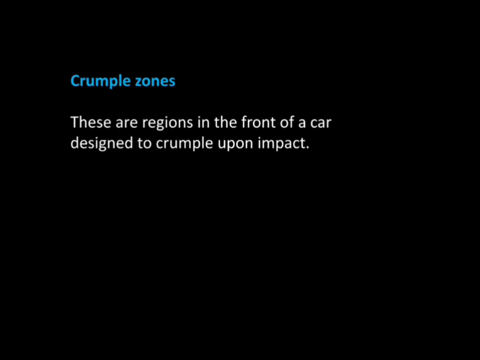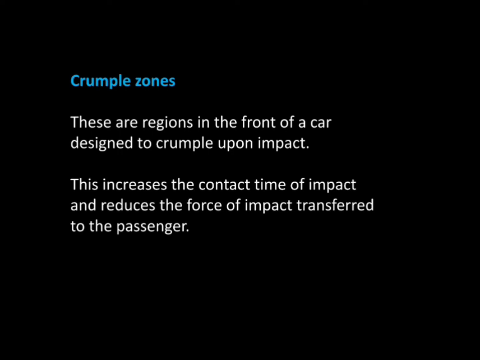This increases the contact time of impact and reduces the force of impact transferred to the passenger. So you can generally hear people say, oh, the cars of today, they're not as strong as the olden cars. A small accident in the front of the car seems to crumble or seems to fold. It's by design. That folding aspect of the car during a collision is to increase the contact time so that the force of impact becomes less.